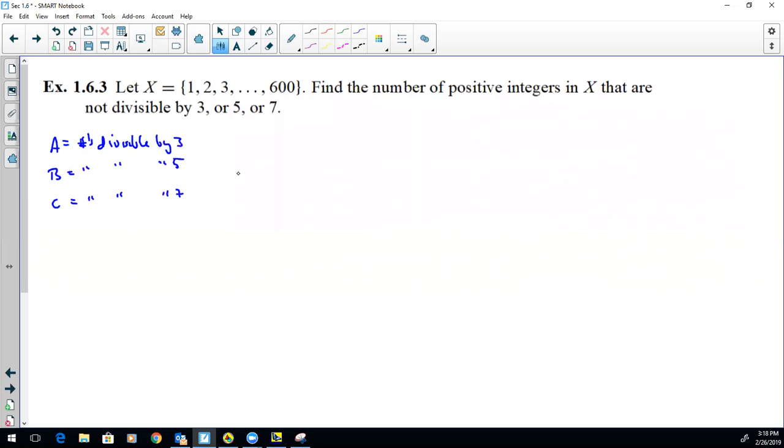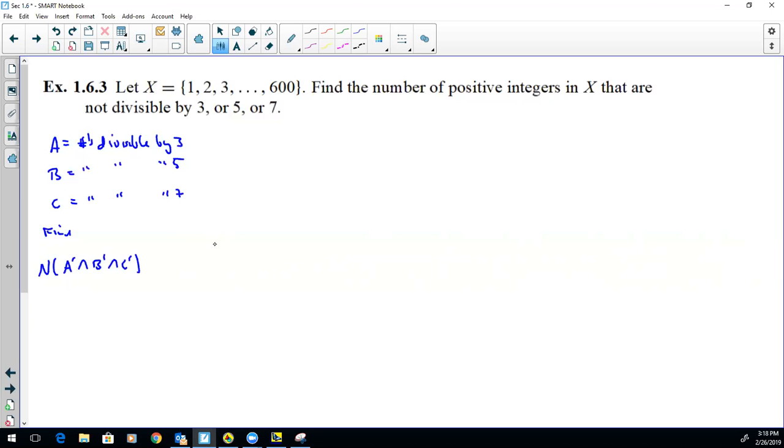And what we're trying to find is the number of numbers in this set that aren't divisible by 3, aren't divisible by 5, and aren't divisible by 7.